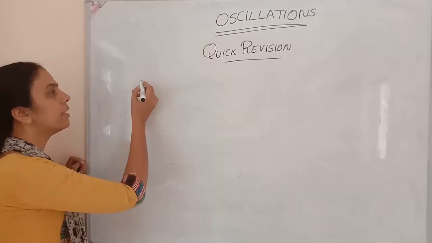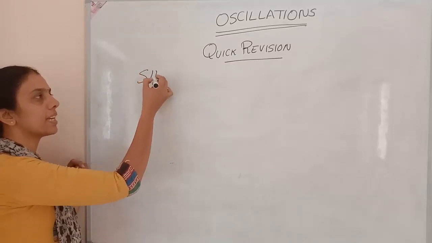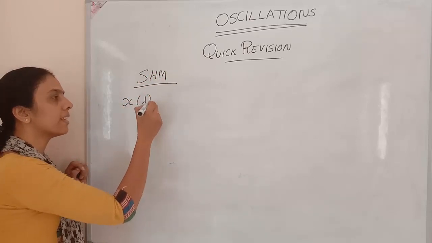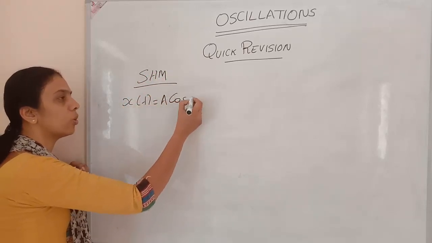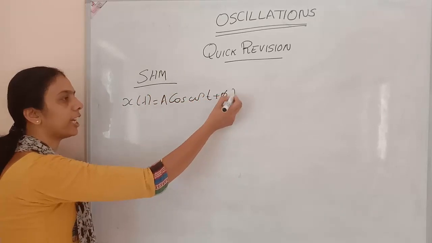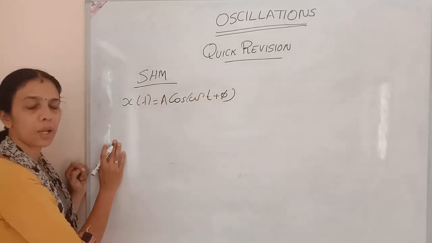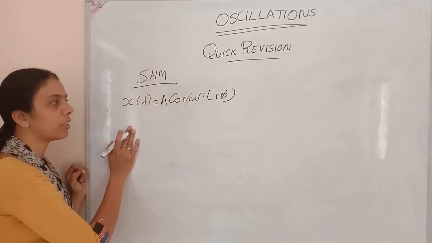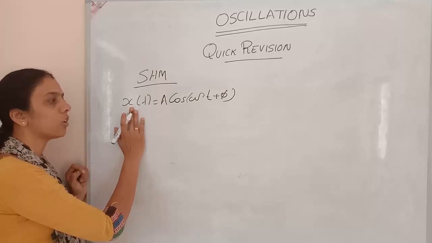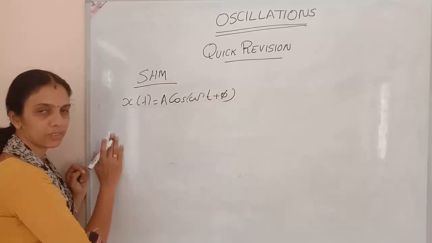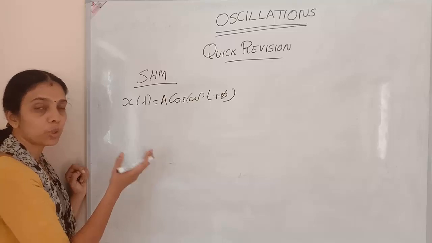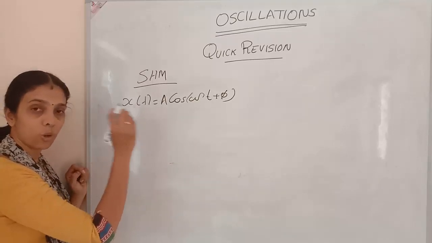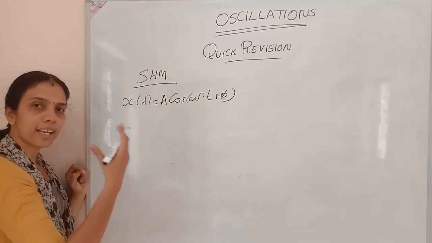Now, how can we represent SHM as a mathematical function? x of t equals A cos omega t plus phi is the representation of simple harmonic motion. It is not mandatory to represent it as a cos function; we can represent it as a sine function also.